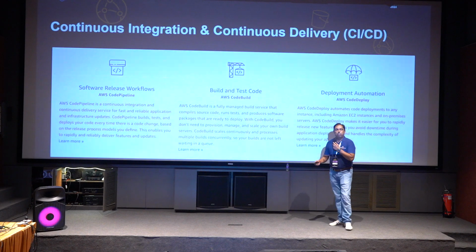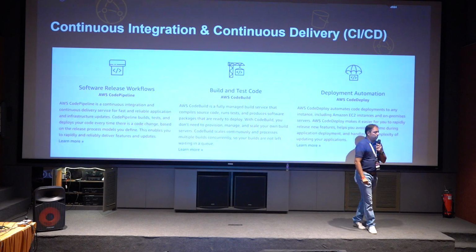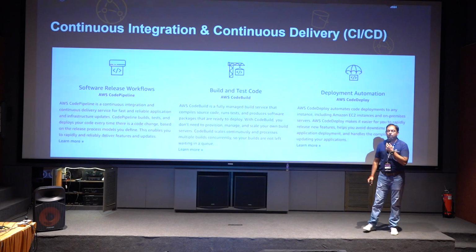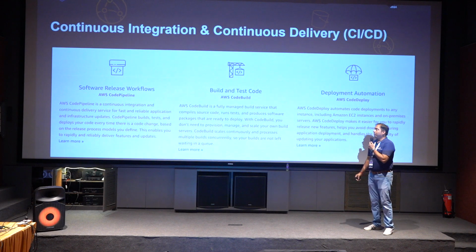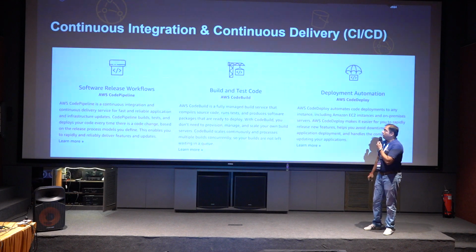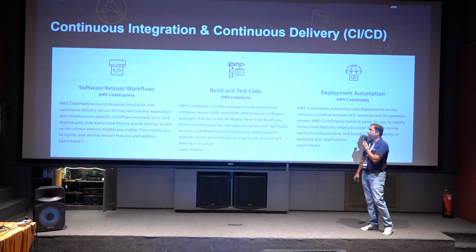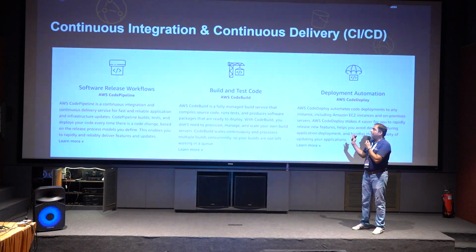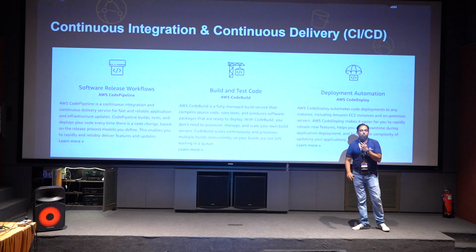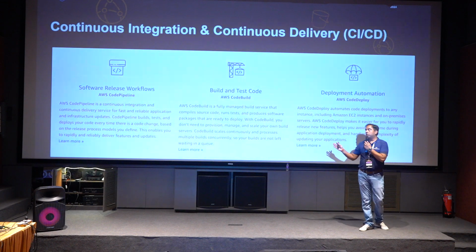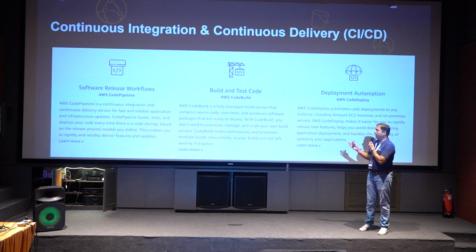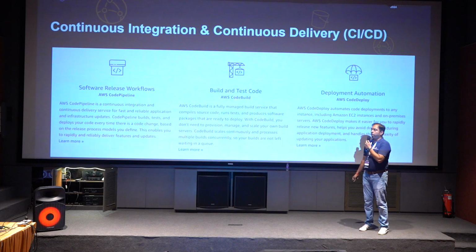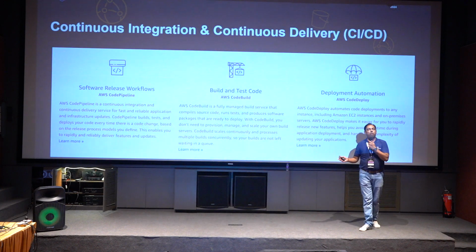Talking about the whole landscape we have on DevOps on AWS, starting with continuous integration and continuous delivery, that is CI/CD. We have these key services available from AWS: AWS CodePipeline, AWS CodeBuild, and AWS CodeDeploy. What do these services normally do?